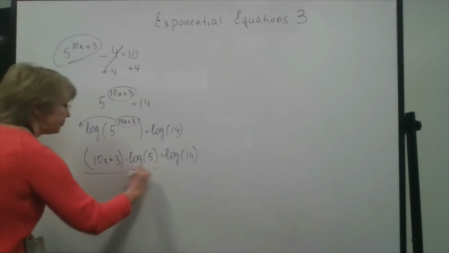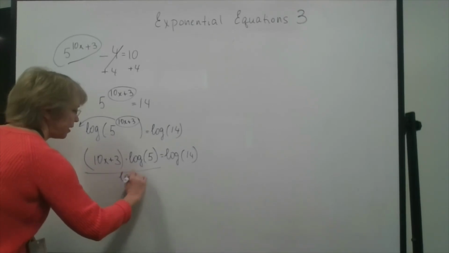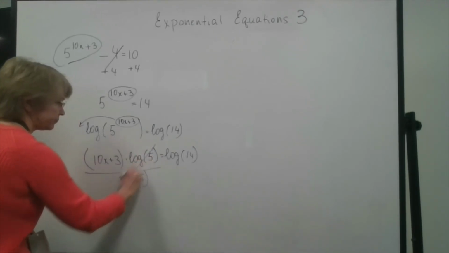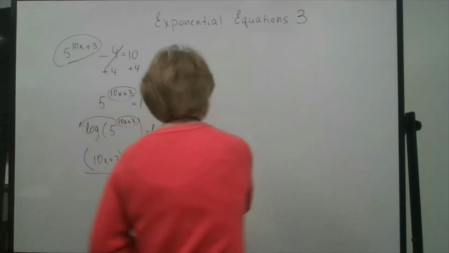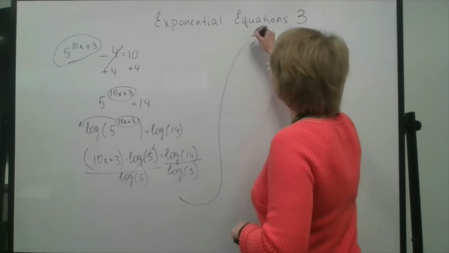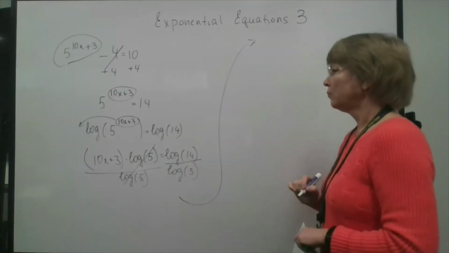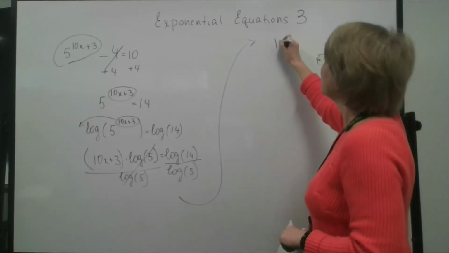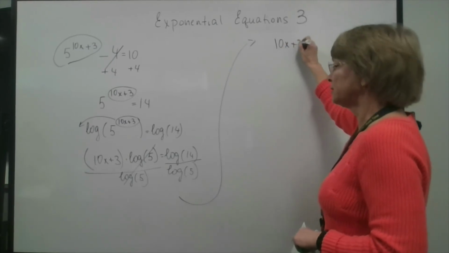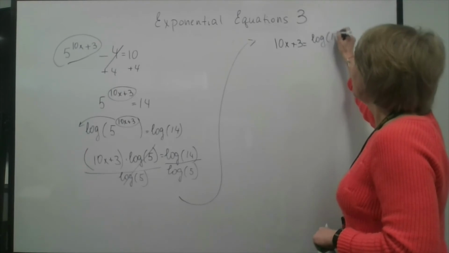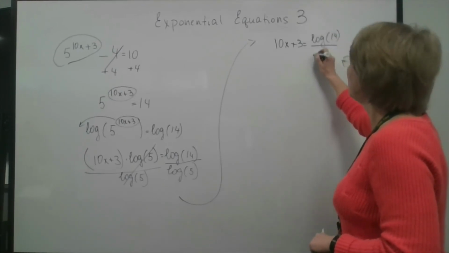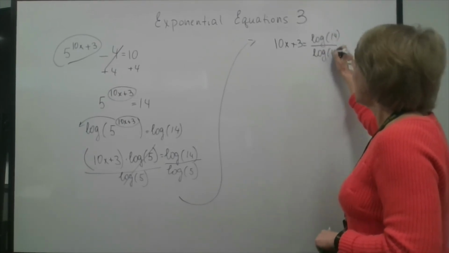The next step, we will divide by logarithm of 5. Moving on to here, what do we have right now? We have 10x plus 3 is equal to logarithm of 14 divided by logarithm of 5.